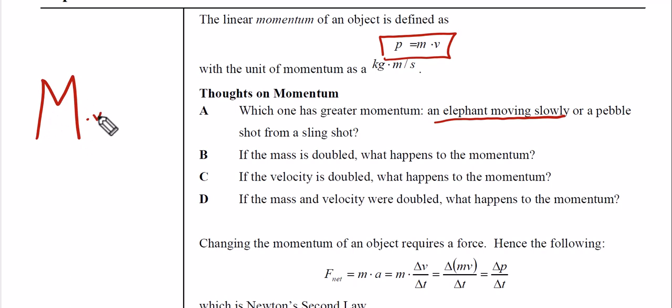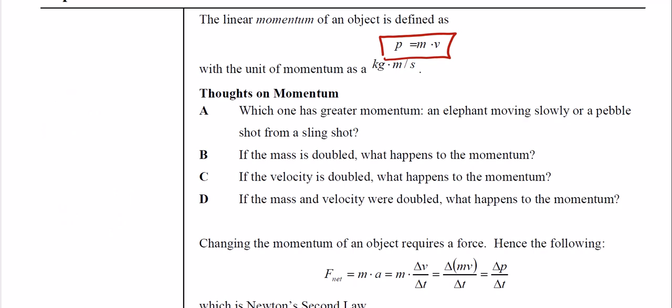Whereas a pebble might have a small mass, but it has a very large velocity. Now, if you play this mind game and you think about these comparisons, you might come to the conclusion that they might have the same amount of momentum.